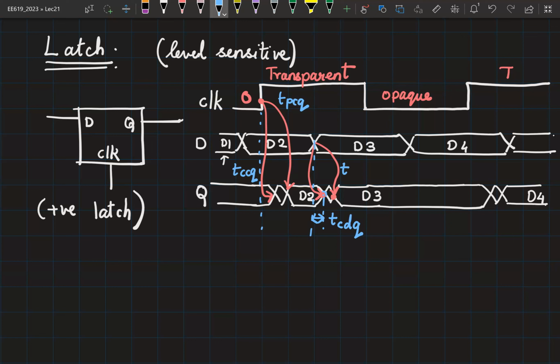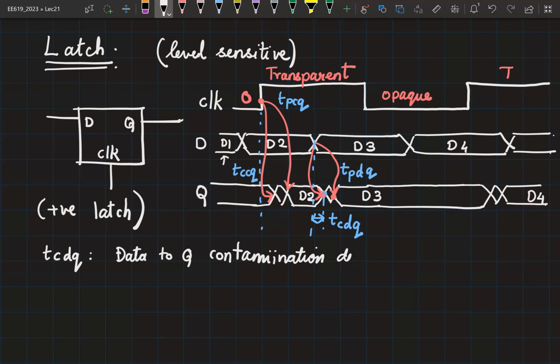And this is TPDQ. TCDQ is data to Q contamination delay. TPDQ is data to Q propagation delay.